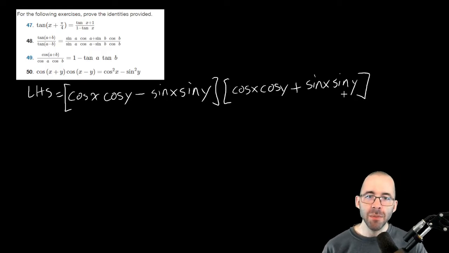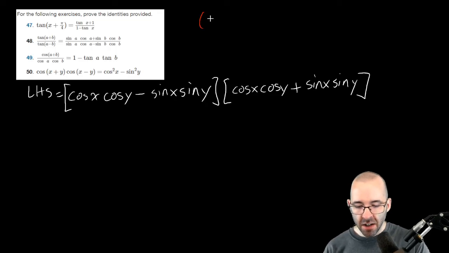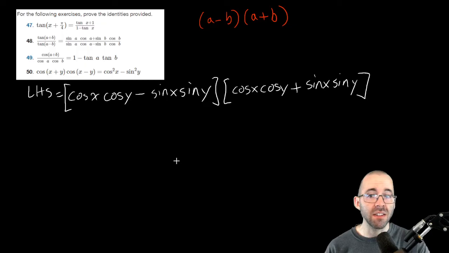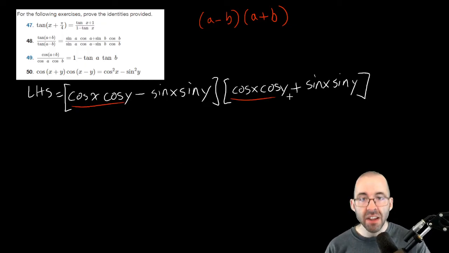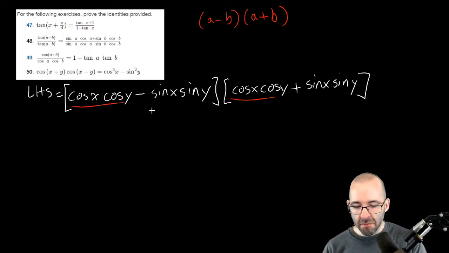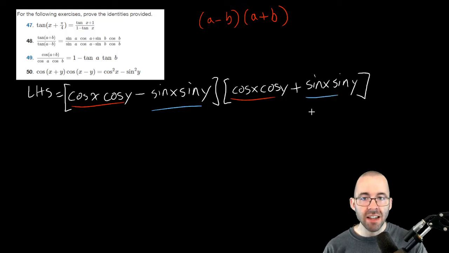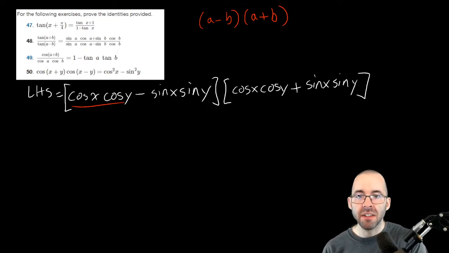But this looks intimidating. You can FOIL this out the whole way if you want, or you can use a formula. Because what this really is, is the difference of squares. This is something minus something else, and that same something plus that something else.